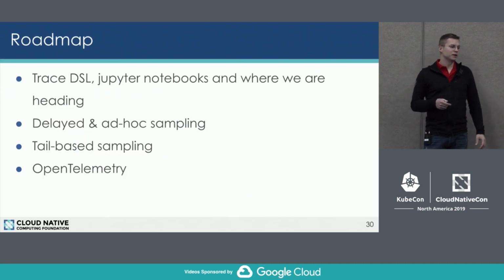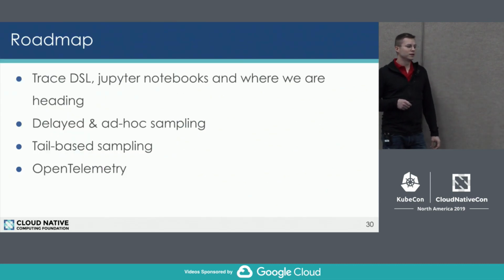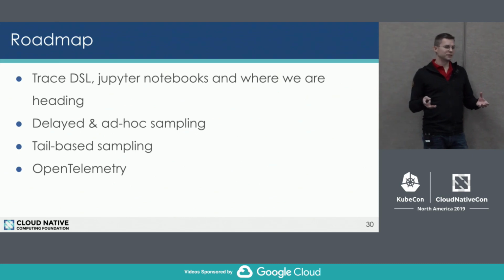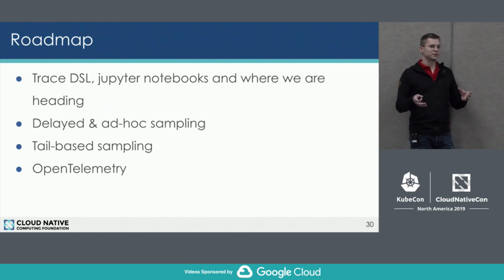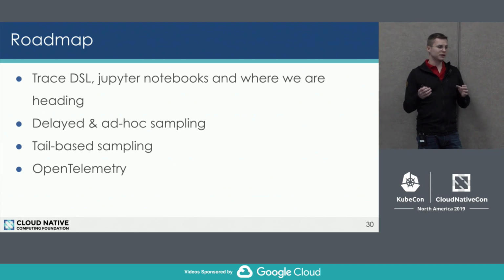On the roadmap, we are trying to make it easy for data scientists or anybody who wants to play with traces to get them, analyze them, and try to find interesting information about what happened. So there are two parts. We want to create a DSL, a trace DSL, which makes it very easy to extract features from trace data.